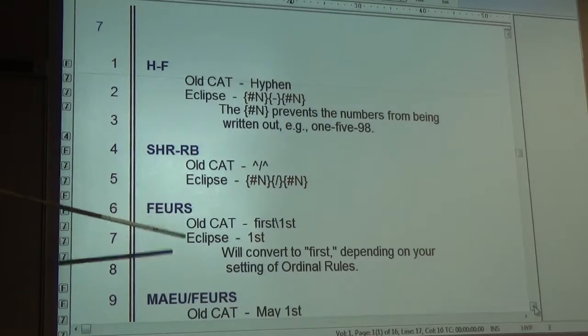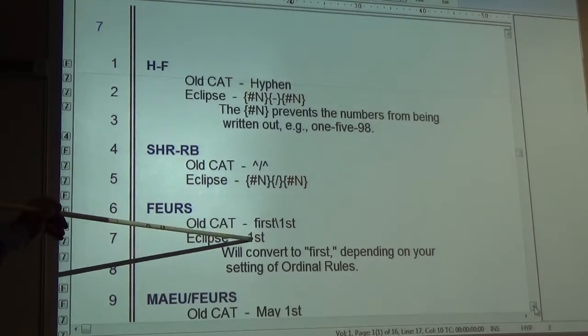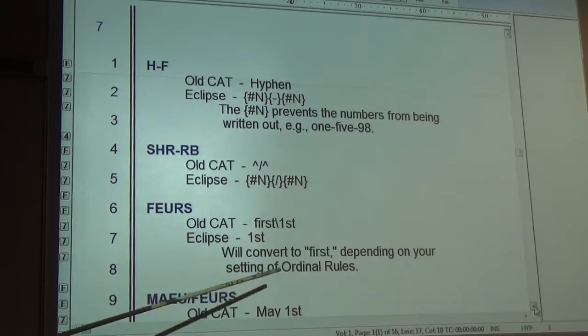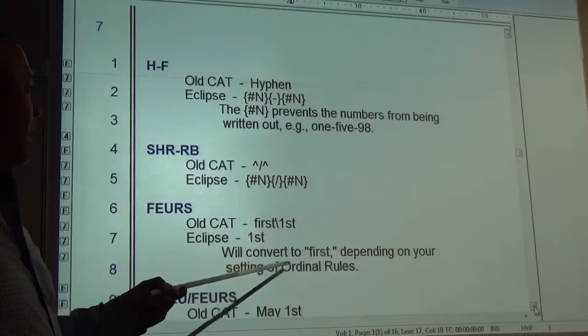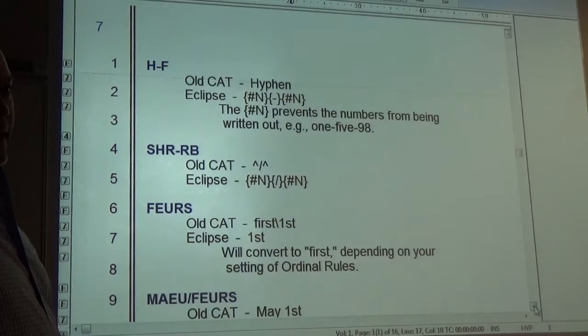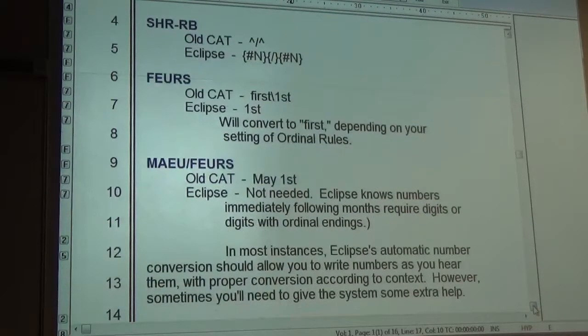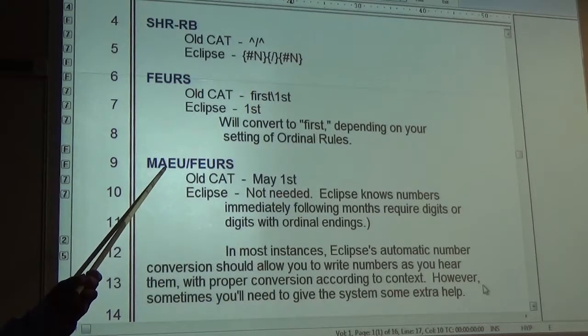So if you write out first and you want it as an ordinal, it'll convert to first depending on your setting on the ordinal rules. So that's in your user settings. So you have to be careful how you define it, okay? 10, I believe, and then after that, it'll be the digit with the letters. So if that's the way you do date, May 1st, you have to write this differently, okay?